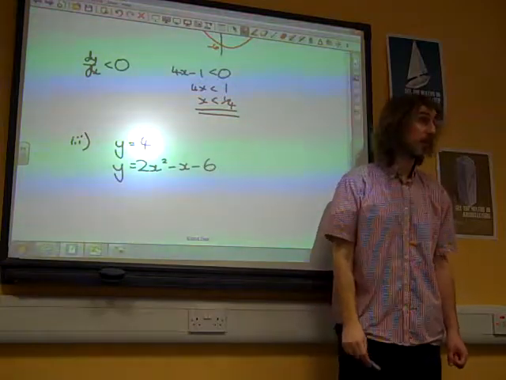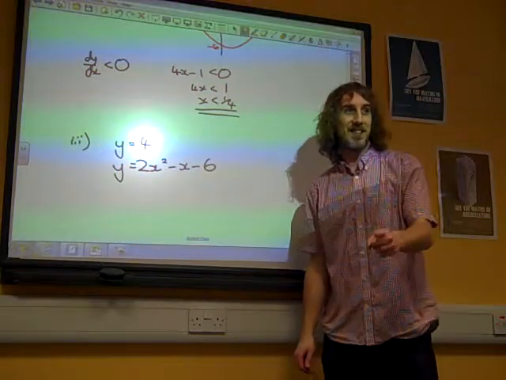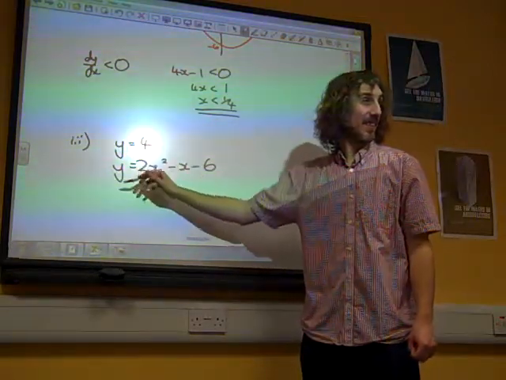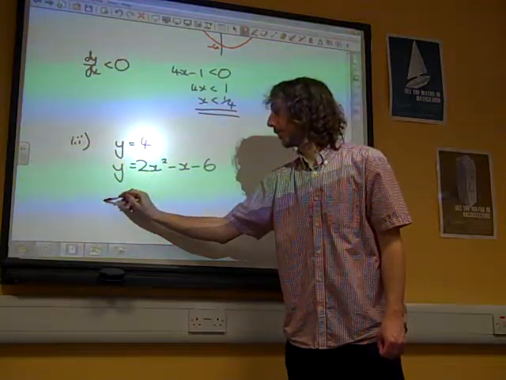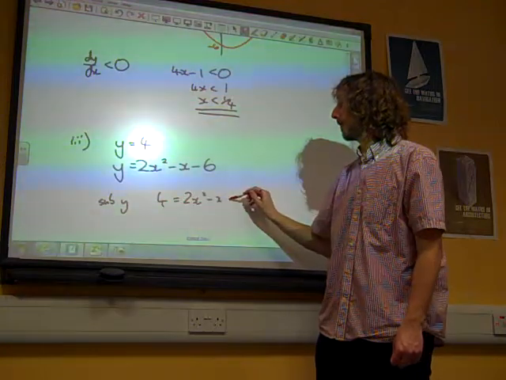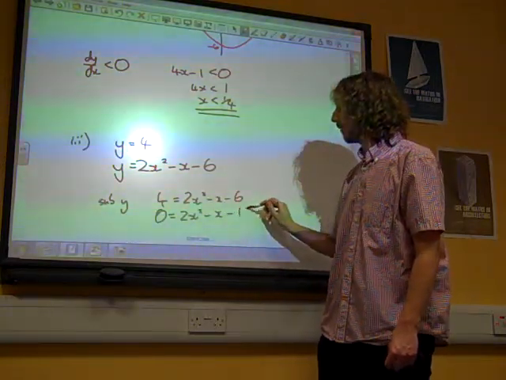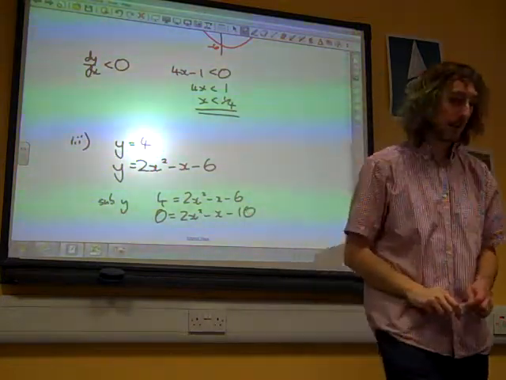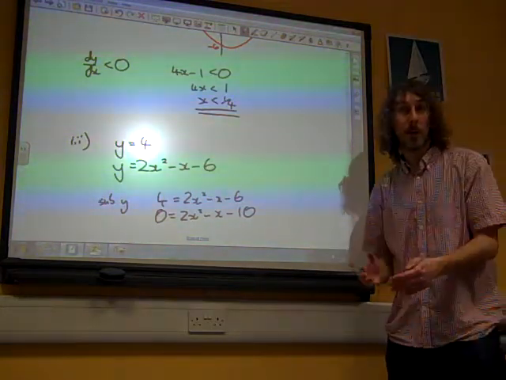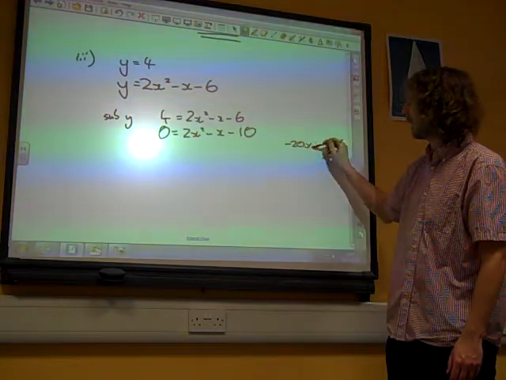Simultaneous equations. We're going to sub in y to get 4 is 2x squared minus x minus 6. In other words, 0 is 2x squared minus x minus 10. As always, it's worth trying to see if we can factorise it first. 2 times minus 10 is minus 20.